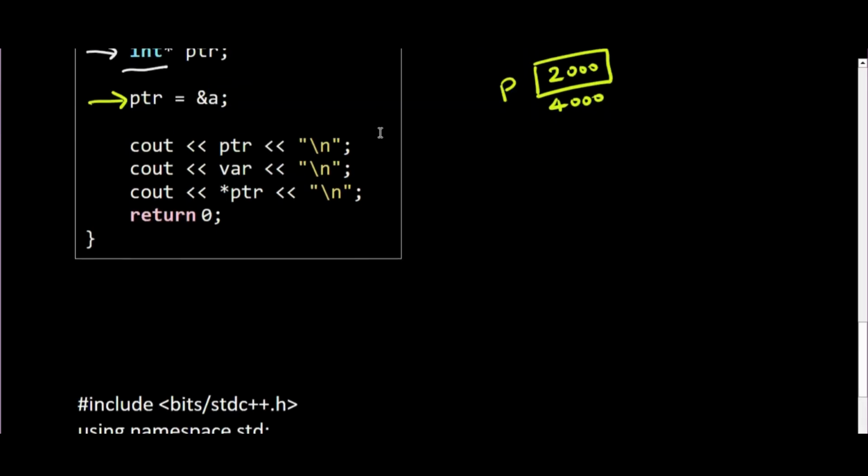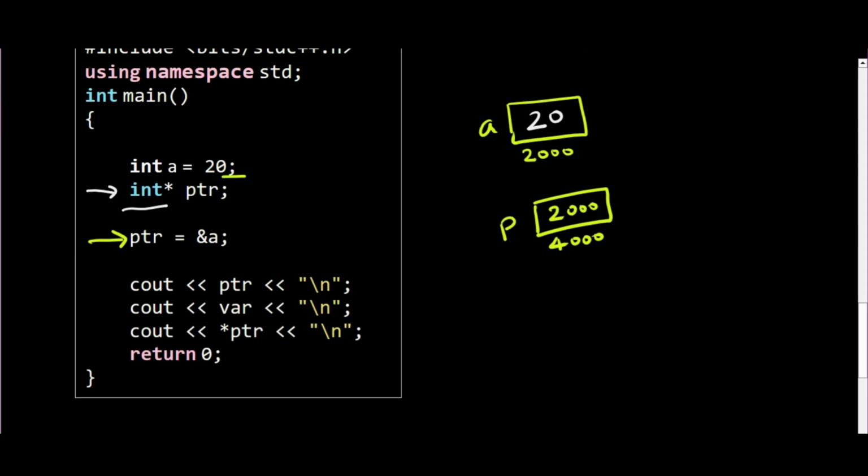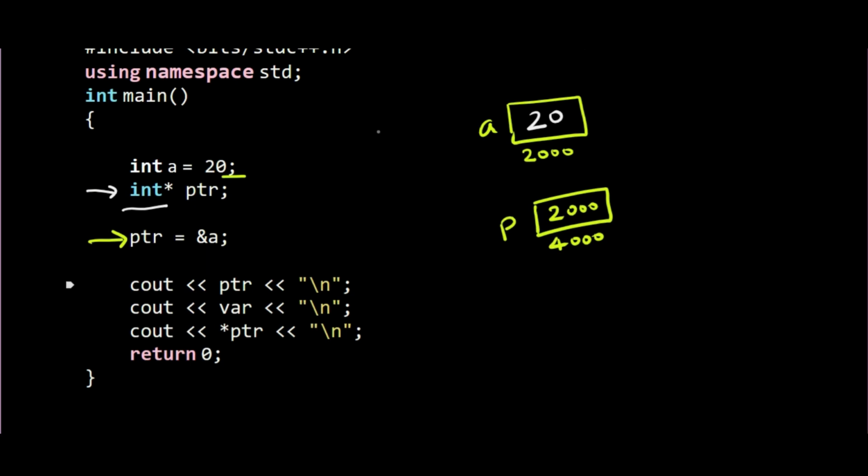Now when we try printing the value of ptr, what will we get? So we know the ptr has the address of variable a. So we will get 2000. And if you try to run this same code, you will get some other address, and that can be anything.